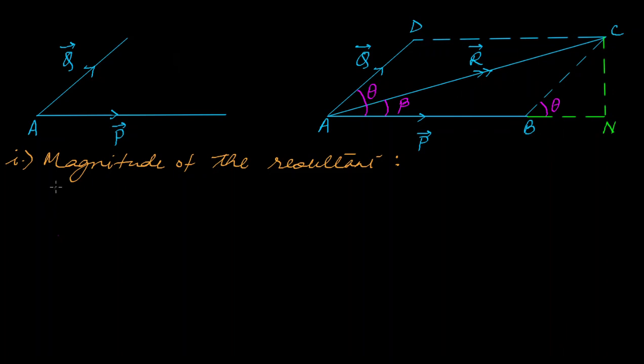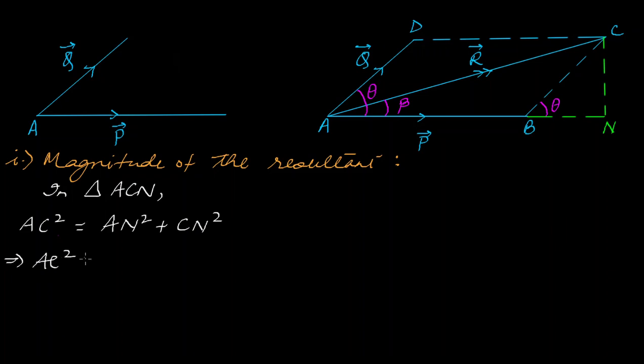Just like what we have done in the triangle law of addition, in triangle ACN, take Pythagoras theorem, you have AC square is equal to AN square plus CN square.